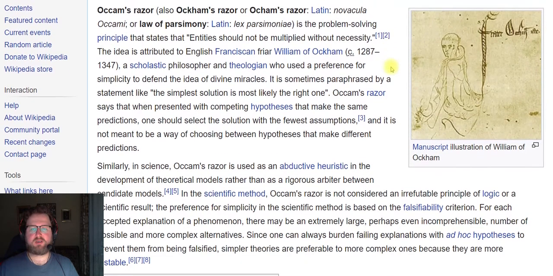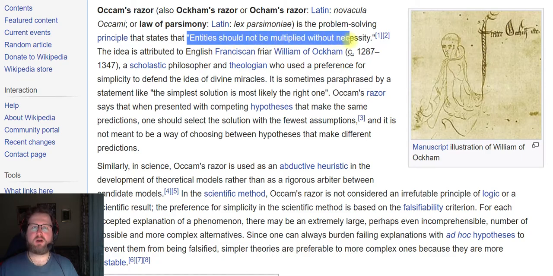So, this is a principle which states that entities, it means some ideas or some things or some evidence, should not be multiplied without necessity.